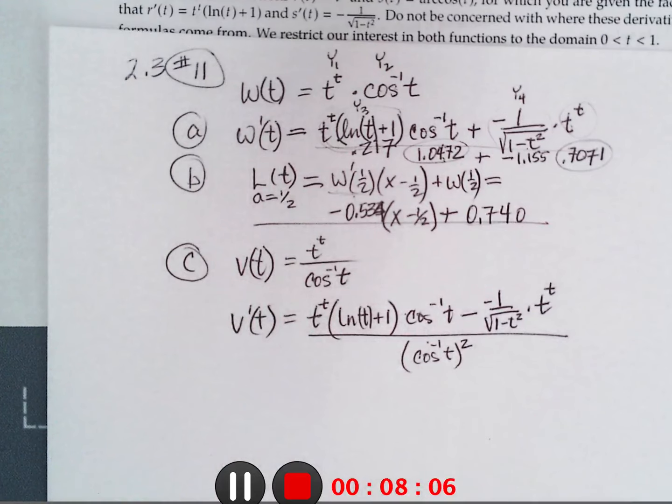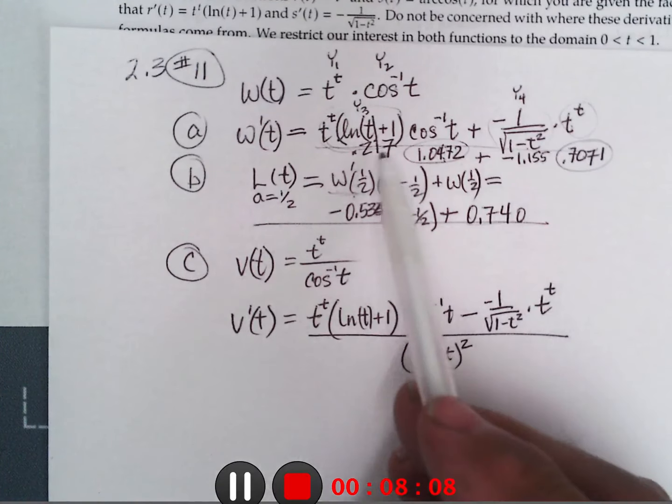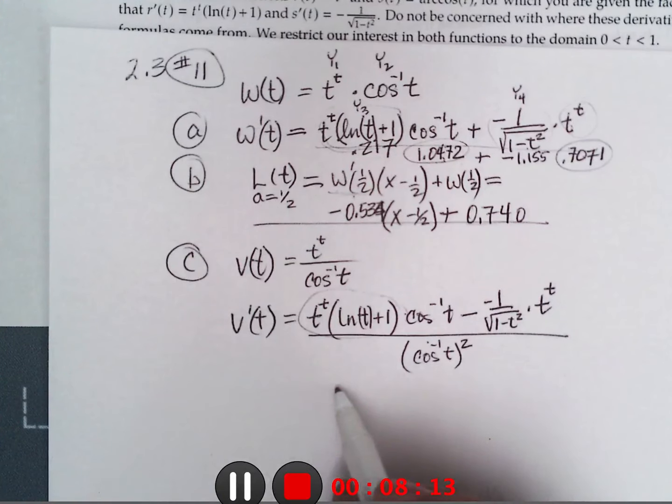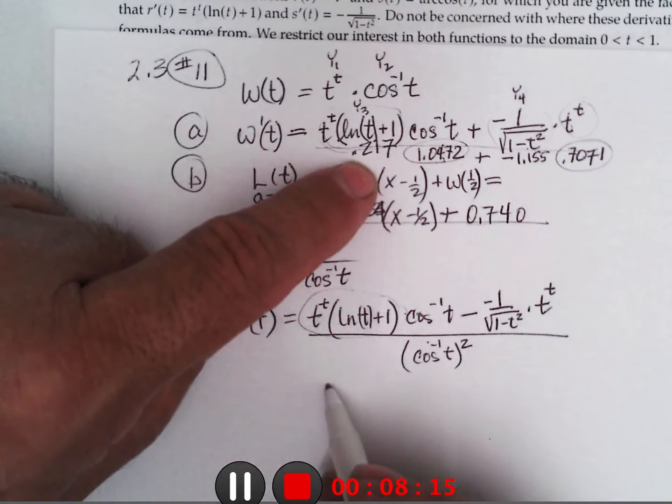Now we have all these numbers already. This first number is 0.217.